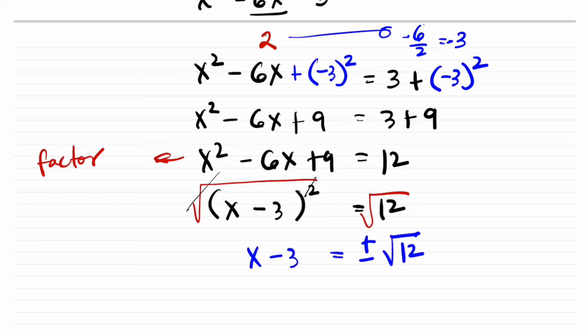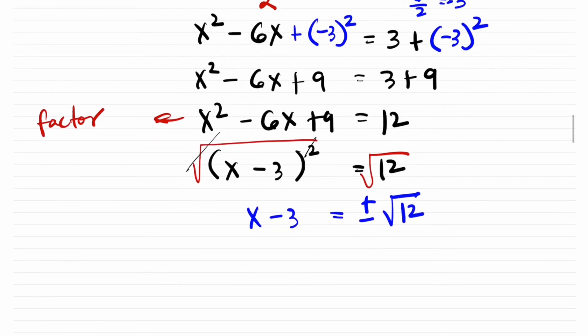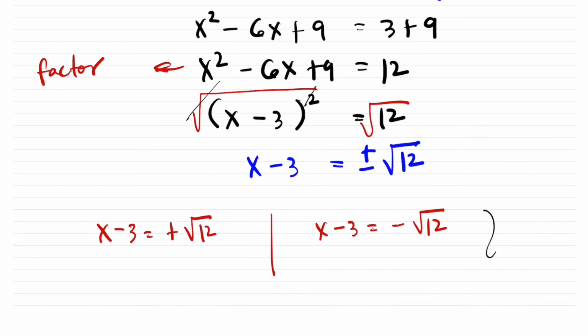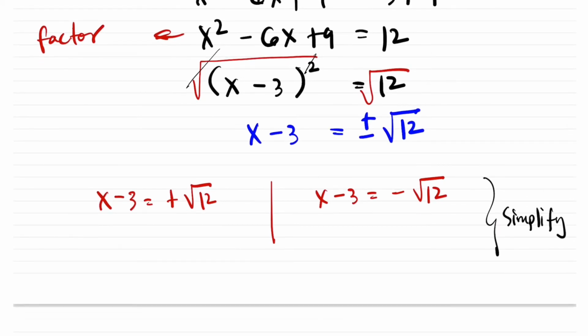Alright, so if you're going to solve for the value of x, either x minus 3 is equal to positive square root of 12, or x minus 3 is equal to negative square root of 12, and then you simplify. So we move 3 to the other side, so it becomes x is equal to positive 3 plus square root of 12.